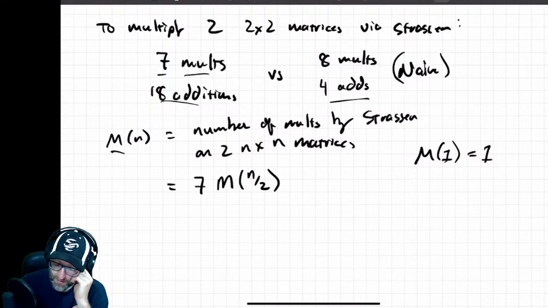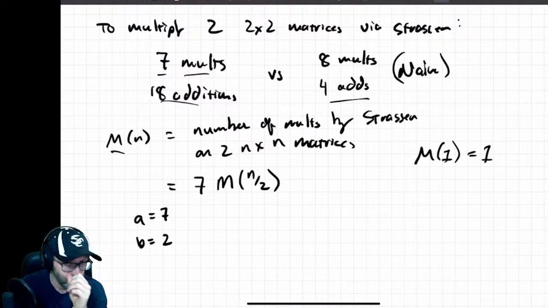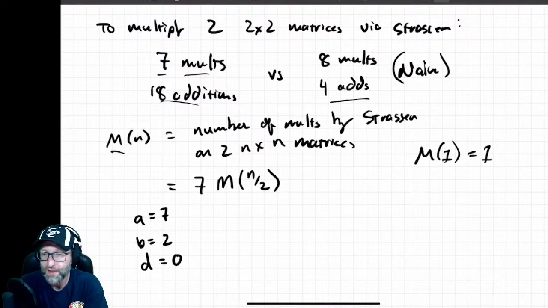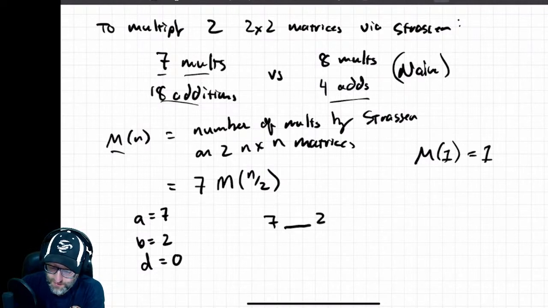Right? Now, by the Master Theorem, I've got that A is 7, B is 2, and just like Karatsuba multiplication, there's no recursive cost, so D ends up being 0 here. 7 versus 2 to the 0, 7 is greater.